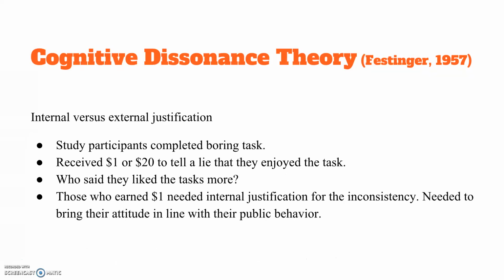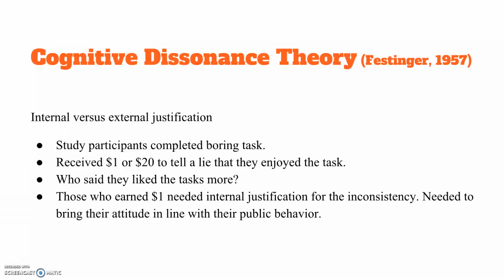All right. Along with this, there is another idea called internal versus external justification, right? So we can be internally convinced or we can get externally convinced about an idea. So in one example, study participants completed a very boring task.